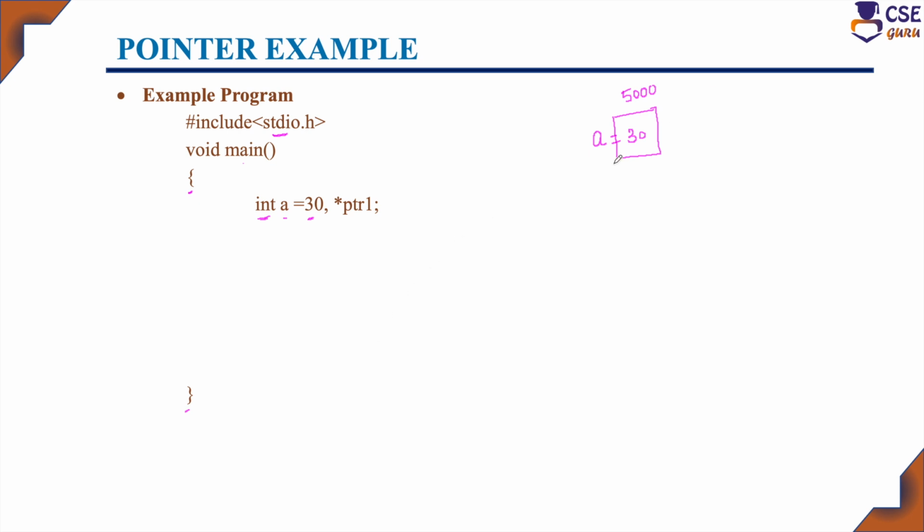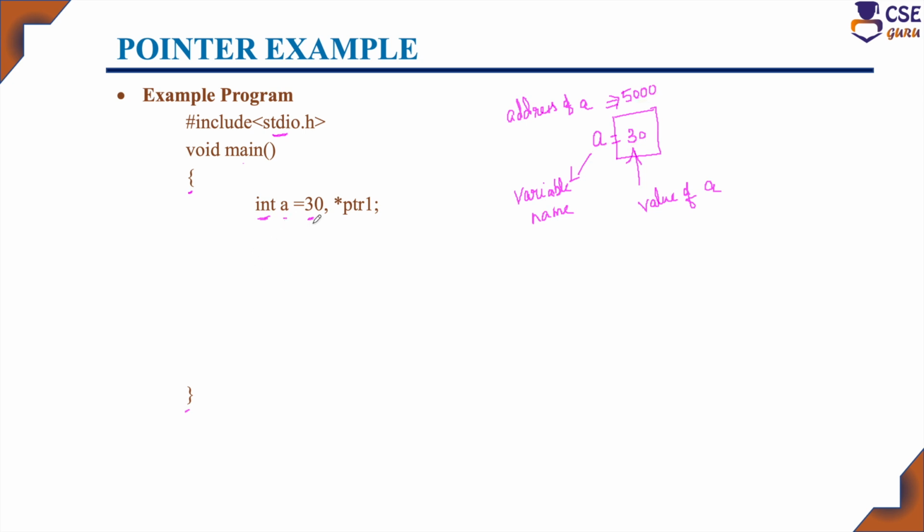This is the address of a, 30 is the value of a, and a is the variable name. These three things are very important here.